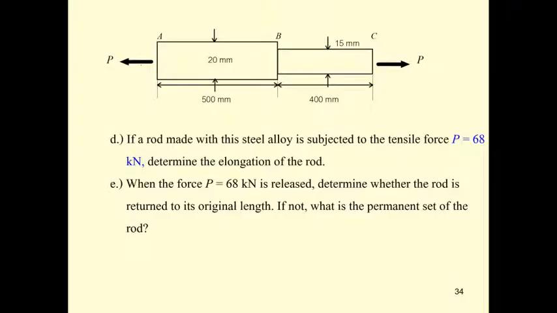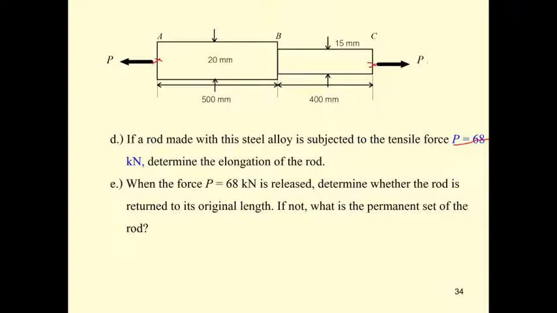Next, after we get the mechanical properties, we are going to use them to determine the deformation of a structural member. Consider the member ABC, which is a two force member, subjected to a tensile force of 68 kilonewton.